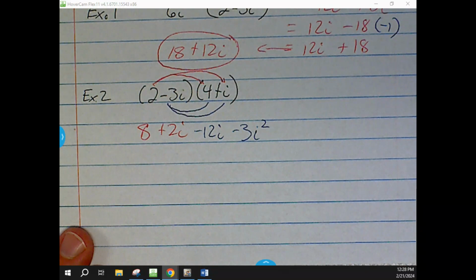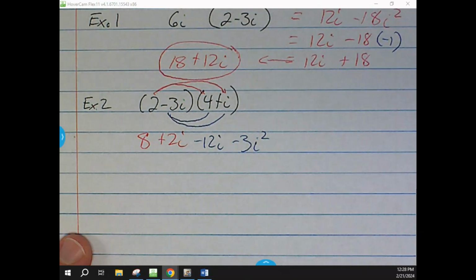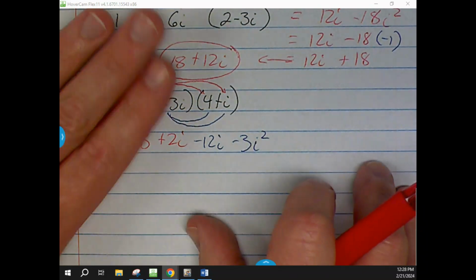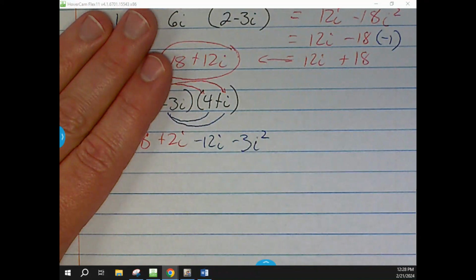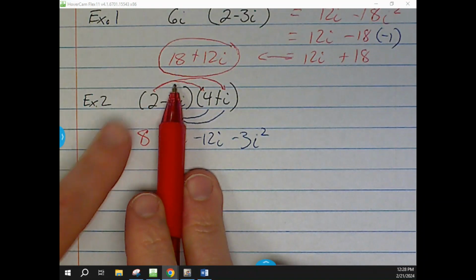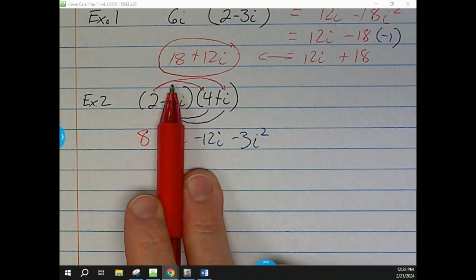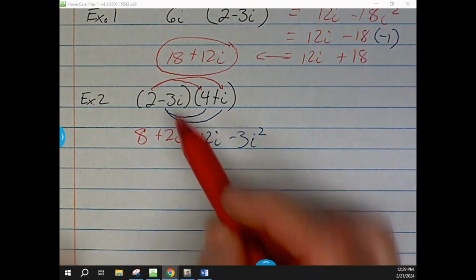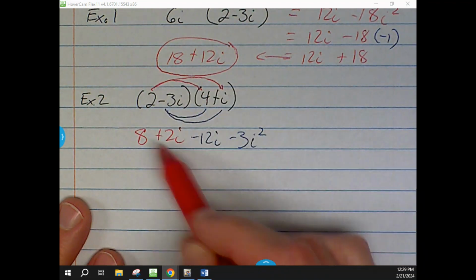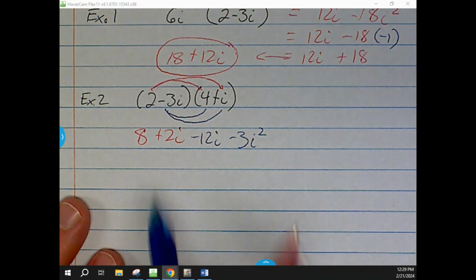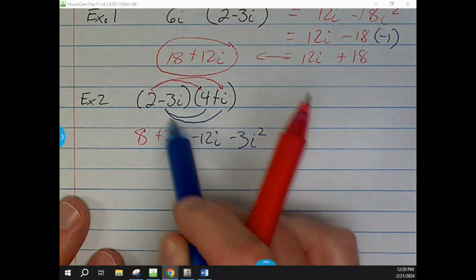Can you go over how you get the FOIL again? Okay, so basically it's just double distributed property. So we're going to take everything over here and multiply it by 3, and then take everything over here and multiply it by 2. So it's 2 times 4 and then 2 times i to get this part, and then negative 3 times the 4 and then negative 3 times the i.